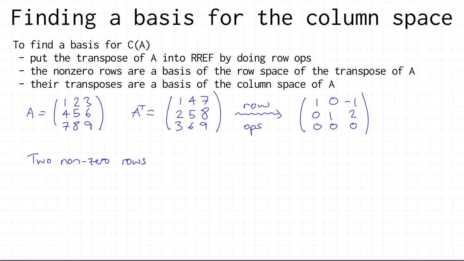So the dimension of the column space of A is 2, and a basis for C of A, the column space of A, is the transpose of those 2 non-zero rows. So (1, 0, minus 1) is the transpose of the first row, and (0, 1, 2) is the transpose of the second row.